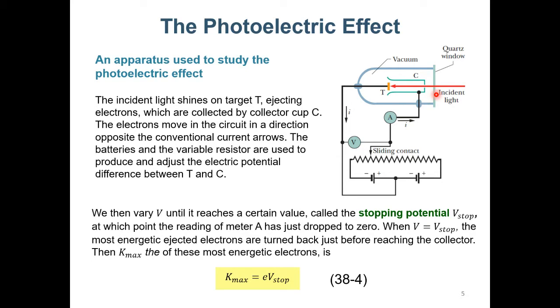But the phenomenon is that if you shine some light here, there may be some current, because the light will collide with the electron, and the electron will absorb the energy, and then it can go from the target to that node, and it will really form a complete loop.